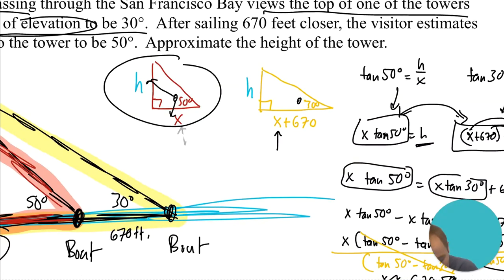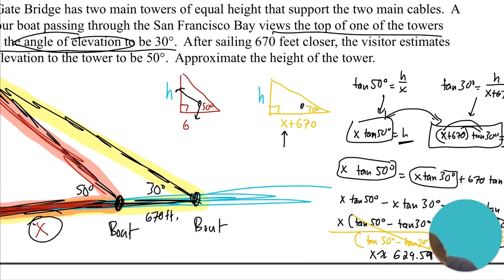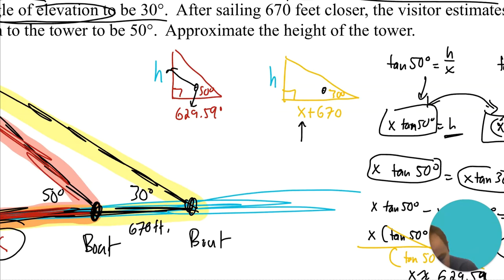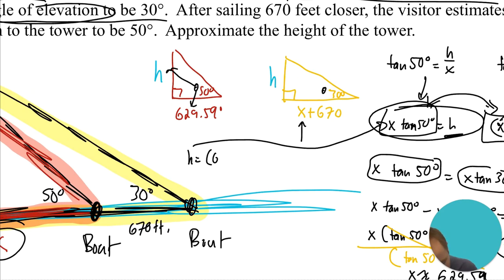So now in that red triangle, now that we know that x right here is going to be 629.59, then from knowing that the height is going to be x times tangent of 50 degrees, you can evaluate what that height is going to be, right? I don't know why I put degrees on this 629.59. It's a length measure.